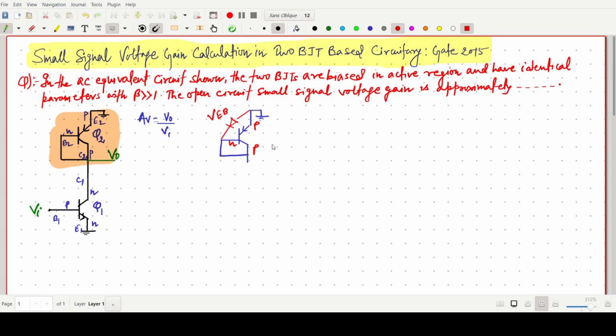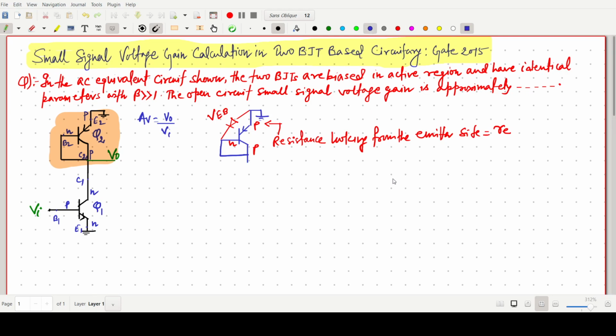Now, if we look at the resistance from the emitter side, we already discussed this in our BJT video lecture.